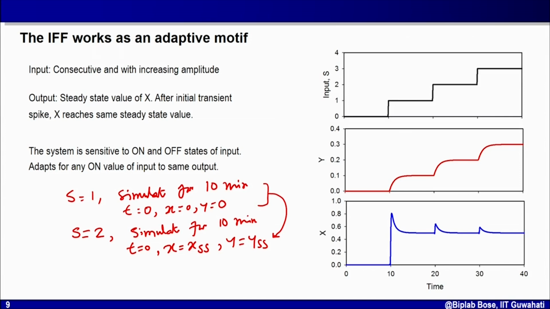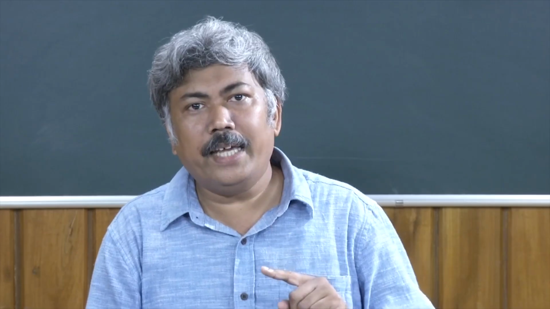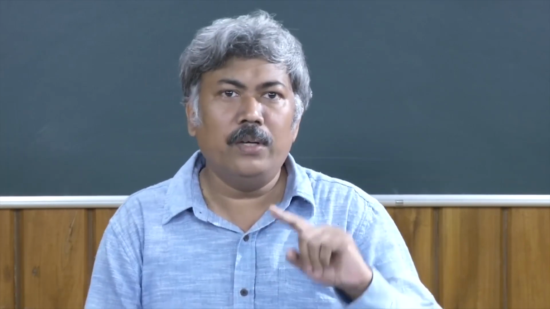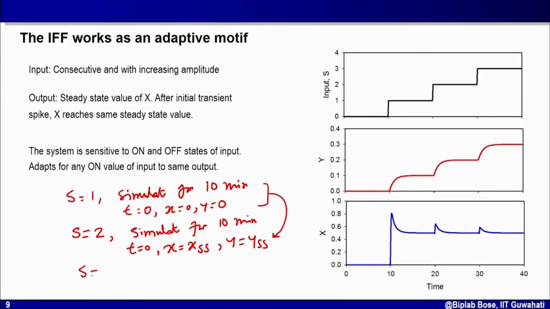The steady state values of x and y that I have got in the previous simulation, I use them as initial condition now and increase s to s2. Then what I do? Again I do a simulation with s equal to 3 and simulate it for 10-15 minutes, but here at t equal to 0, the initial condition x is equal to x ss, the steady state value of x that I got from the previous simulation.